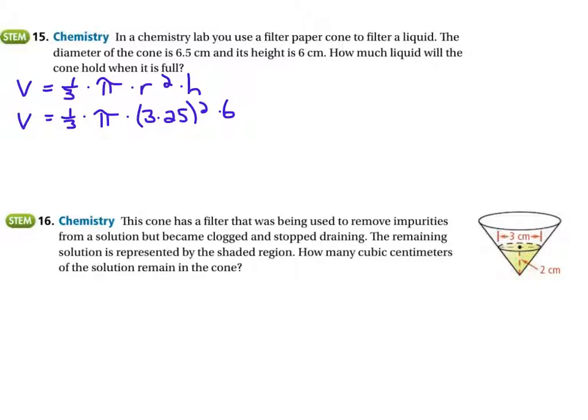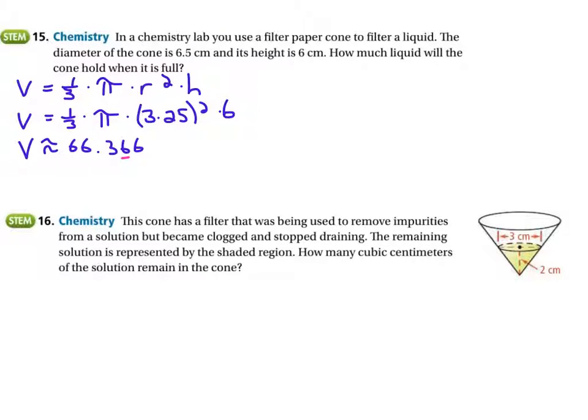Let's round it to the nearest hundredth. I don't know what it's going to ask, so we say is approximately equal to, and we got 66.366.